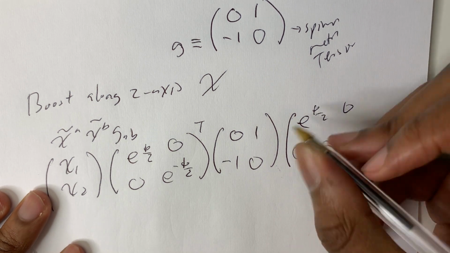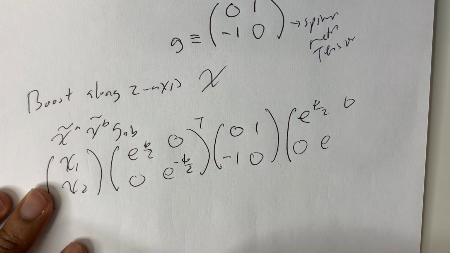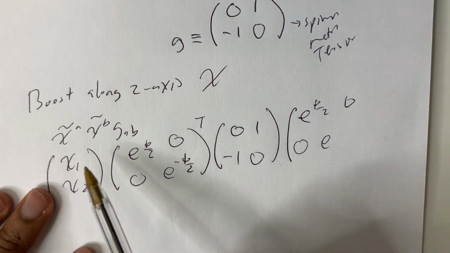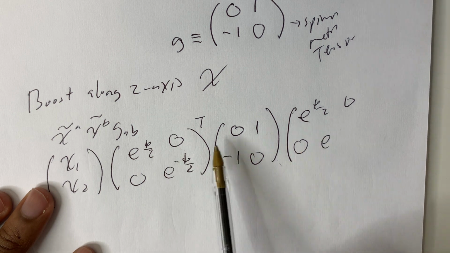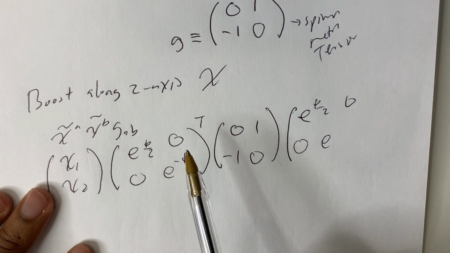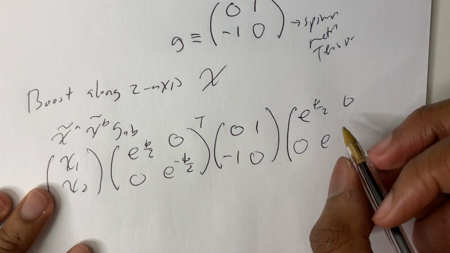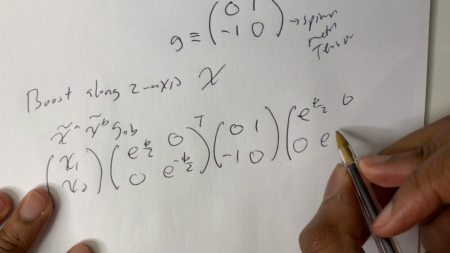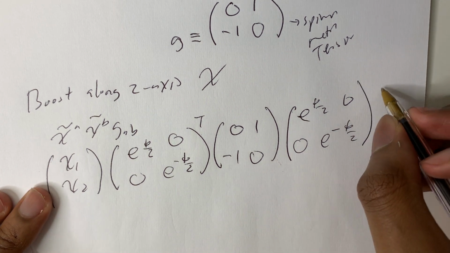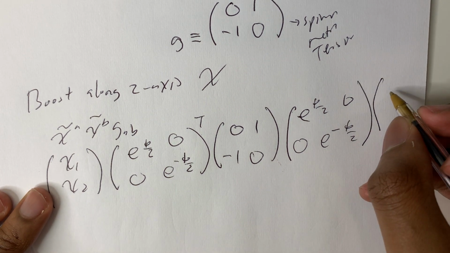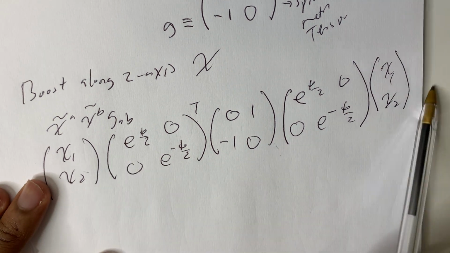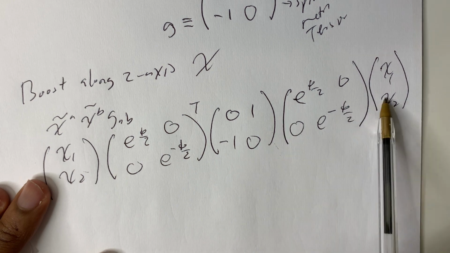Again, we're multiplying by the same spinor vector twice, so this is why this appears twice. So 0, 0, e to the minus phi over 2, and then multiplied by x1, x2. So it's going to be transformed twice by this matrix.